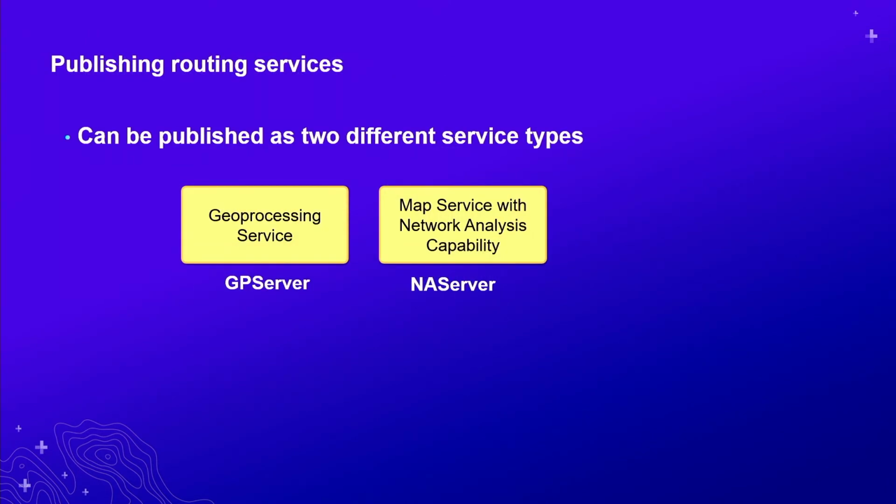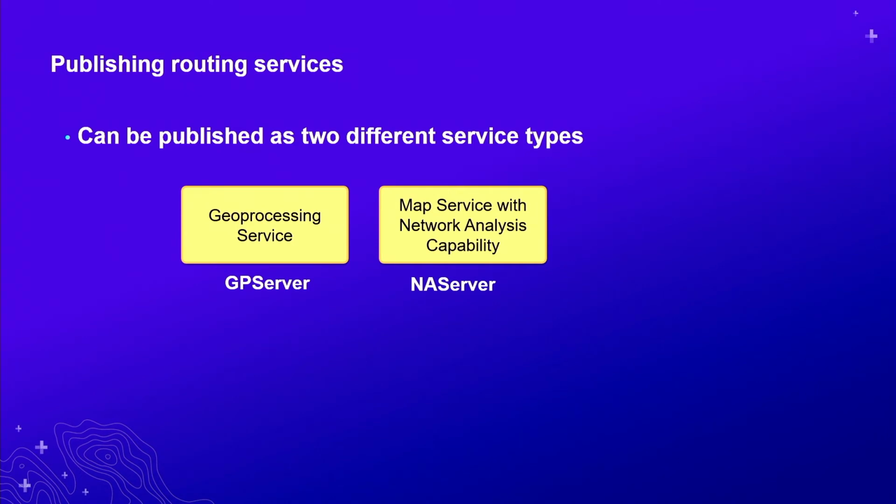To publish routing services, you can publish them as 2 different service types. Remember, ArcGIS Enterprise provides you access to a lot of different service types, like a geocoding service, a map service, or a geoprocessing service, out of which to publish routing services, you can either publish them as a geoprocessing service or as a map service with network analysis capability.